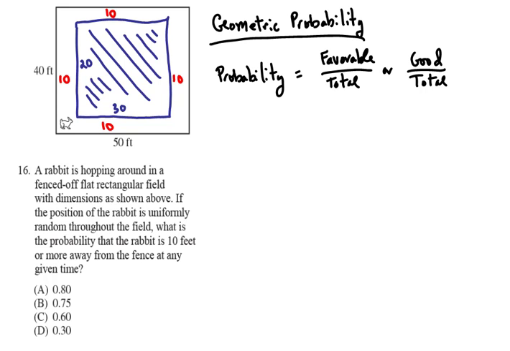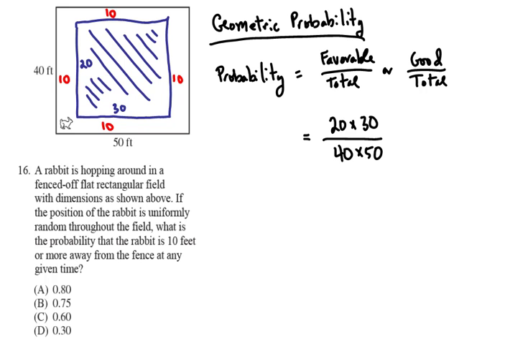So basically what we're going to do here is take the area of the blue, which is our favorable area, and divide that by the total area, which is the area of the 40 by 50. And so that ratio is the area of the blue region over the area of the total region.